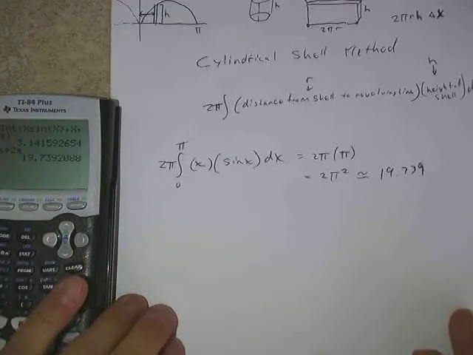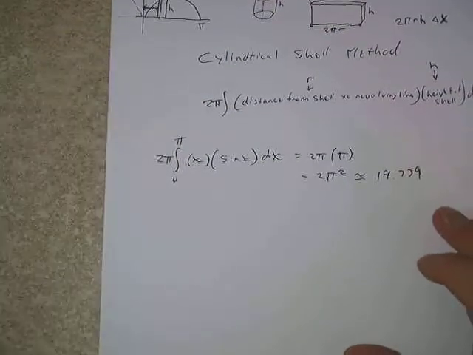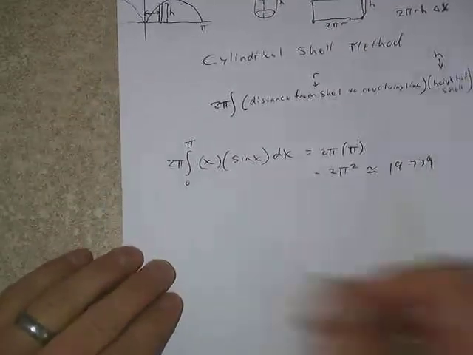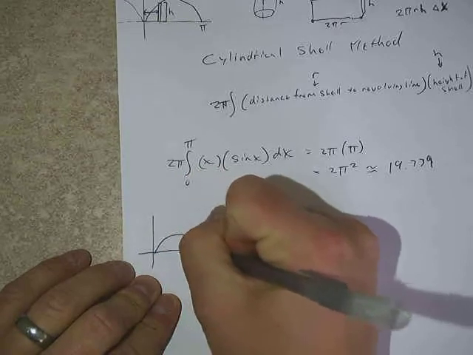Whether we recognize it as pi or not, 2 pi squared, I guess. We could also give an approximation here because it's generally going to be a calculator problem. So if we multiply that by 2 pi, we get 19.739, and that would do it.